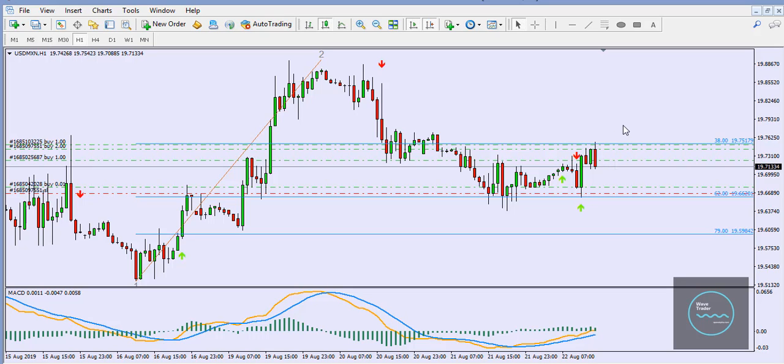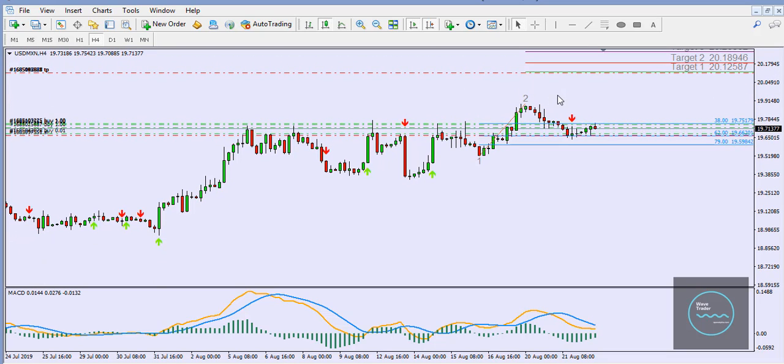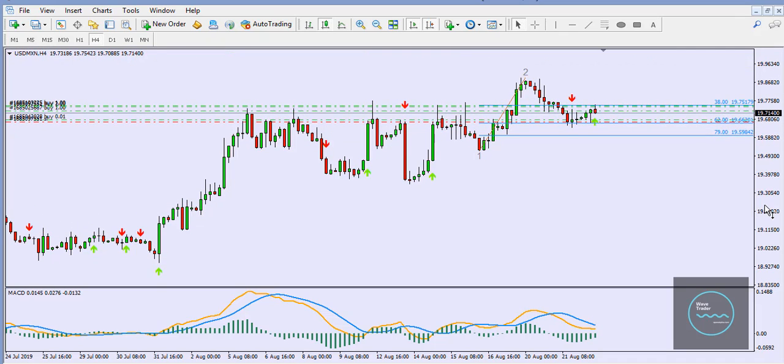The market is going to go up, and taking this as my first level and this as my second, this is where I took my order. Once the market reaches somewhere in that region, or even before then, there will be another major retracement, and I'll wait, and then I'll enter again. So that's the USD/MXN.